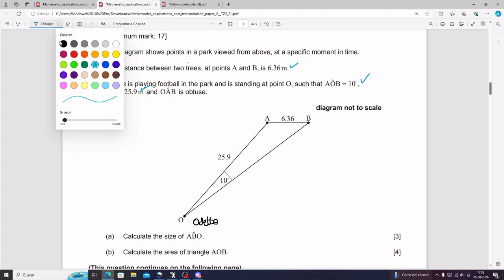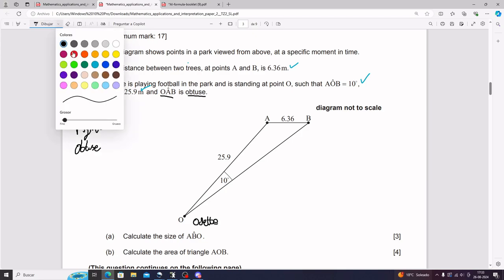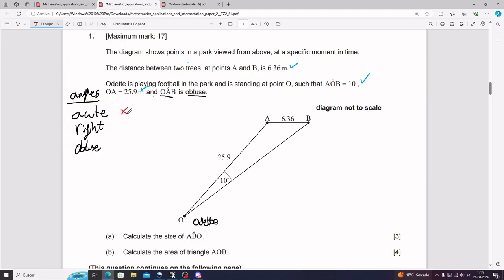And when they tell us that OAB is obtuse, let's remember, you can have acute angles, you can have right angles, or you can have obtuse angles. All you really have to know is that for acute, it's any angle that is less than 90. Right angles are angles that are equal to 90.